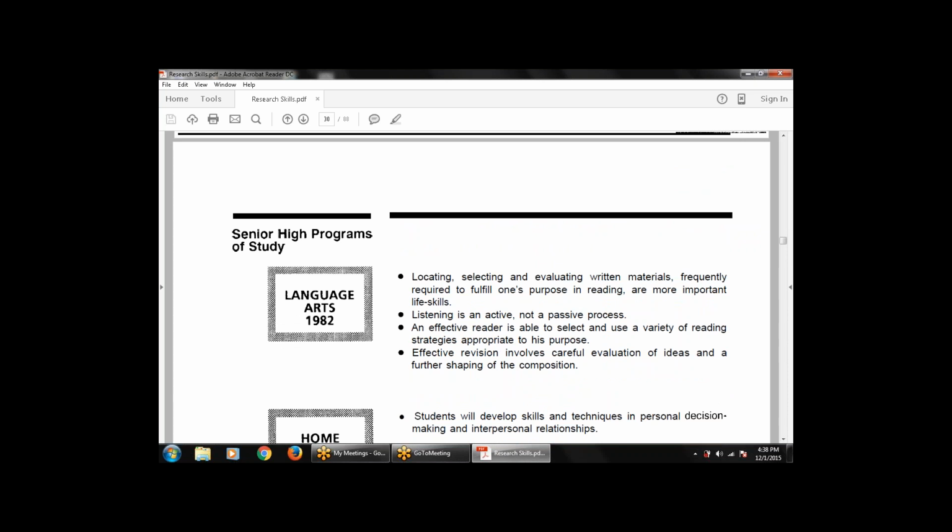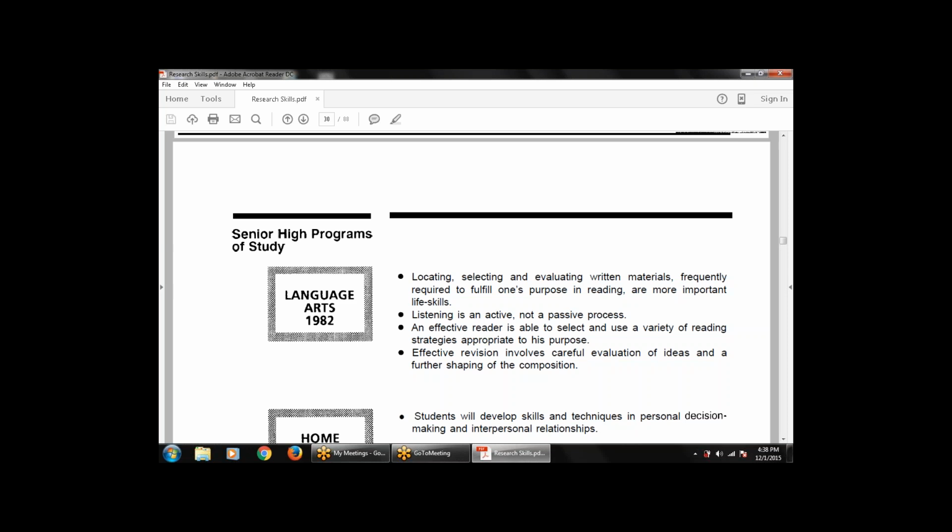So locating, selecting, and evaluating the written material. First of all, locate, select, and evaluate the written material that is frequently required to fulfill one's purpose in reading, are the most important life skills, that is the language arts. Then the same point, that listening is an active process, not a passive process.